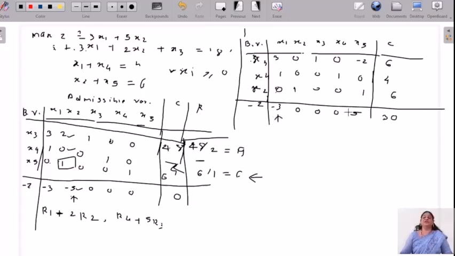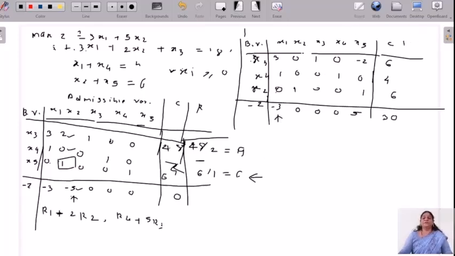Again the procedure is repeated because all Cj are not greater than or equal to 0. If all Cj are greater than or equal to 0, then your solution is optimal. If not, if any constant is negative, then repeat the procedure. Only one element is minus, therefore in this direction x1 will enter the basis.